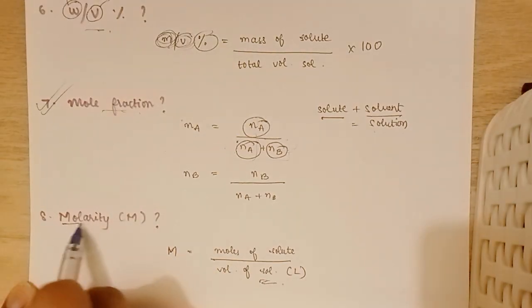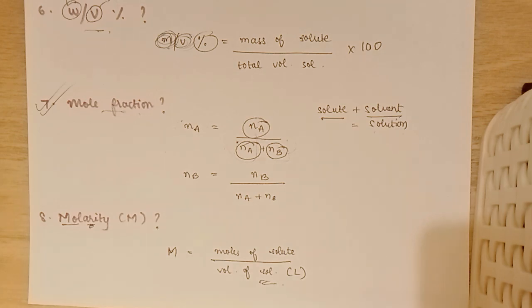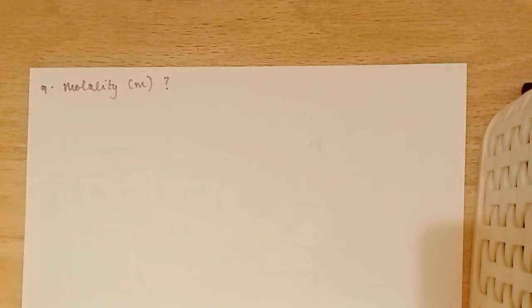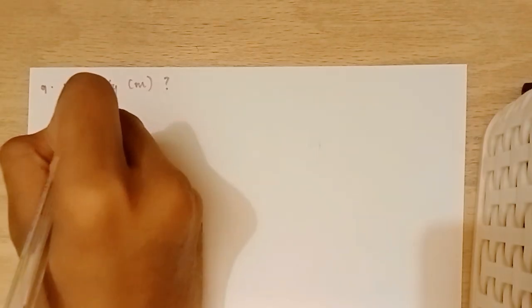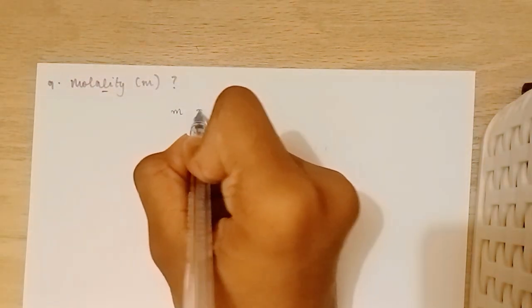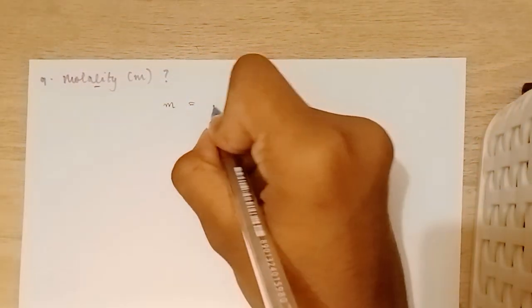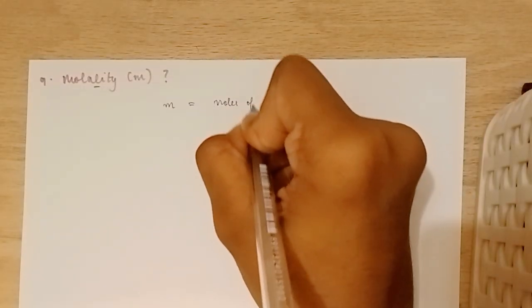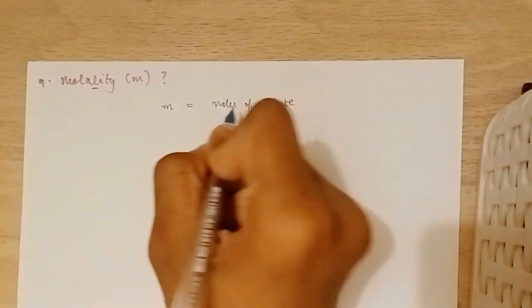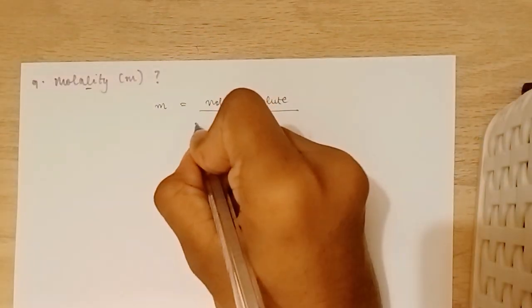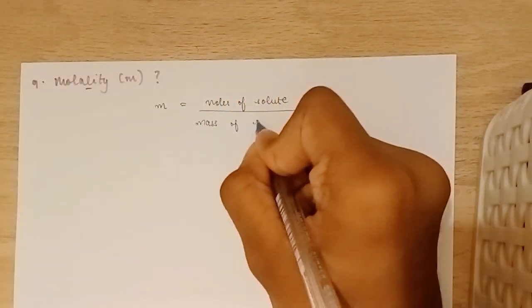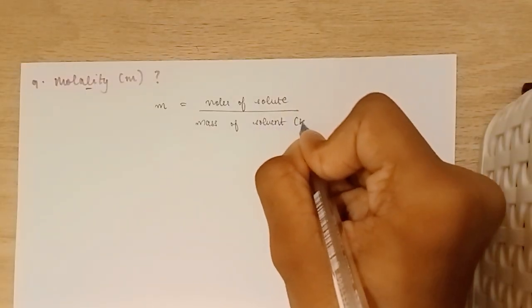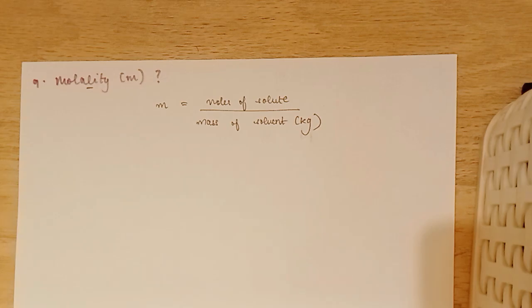Now remember molarity, this is R. I'll tell you why you should remember that it is R. Because then we have another term called molality with an L. And molality is represented as small m. Now what's the equation for molality? The number of moles of solute divided by mass of solvent in kg. So this is what you need to remember.